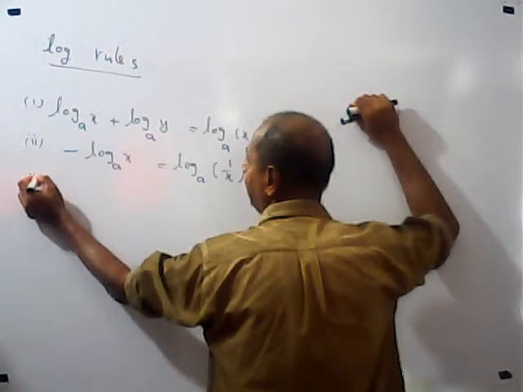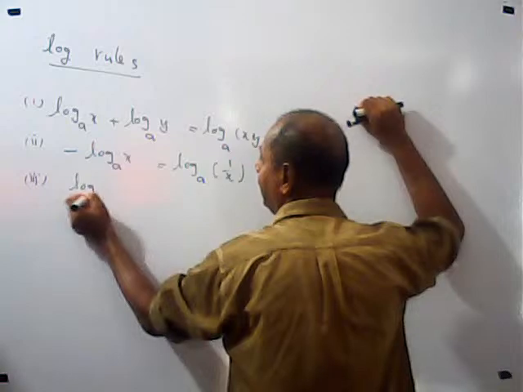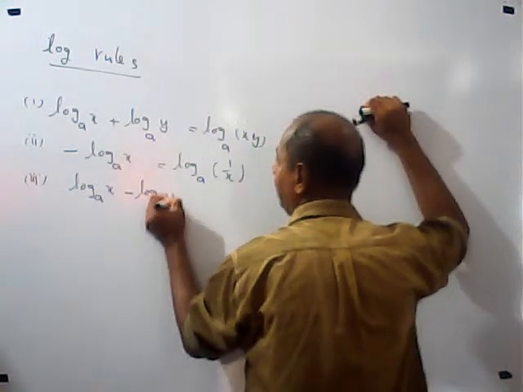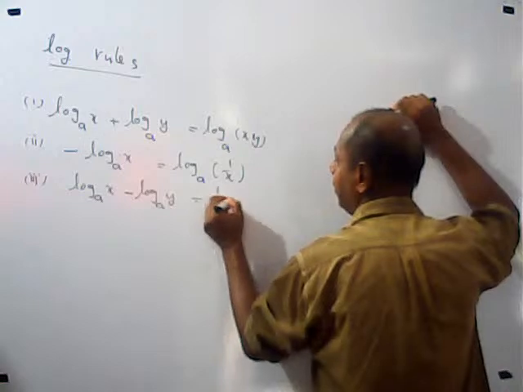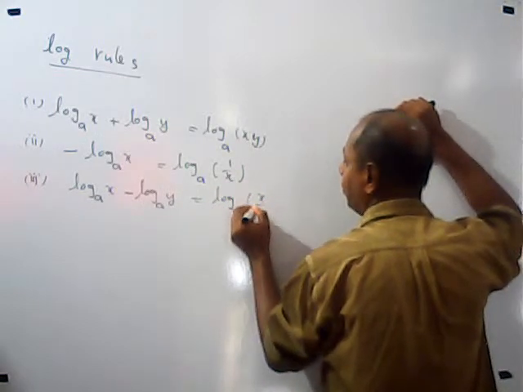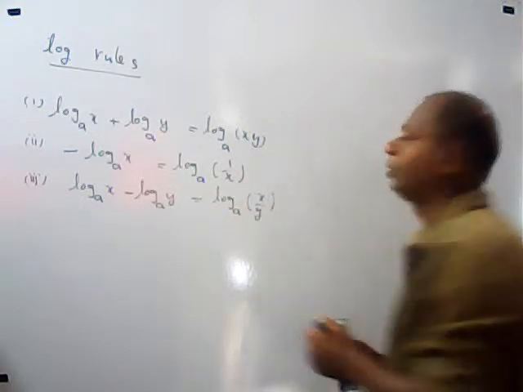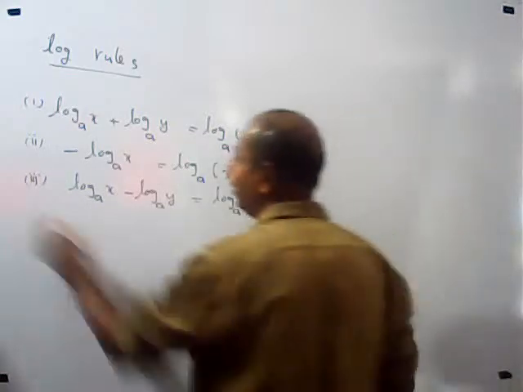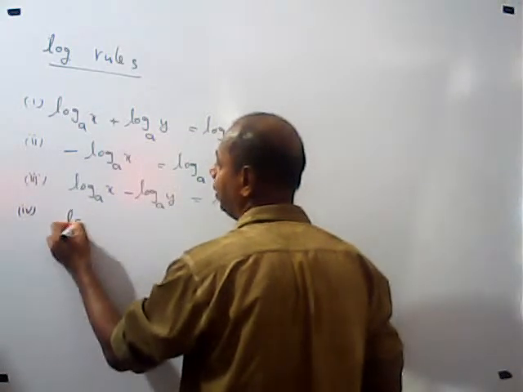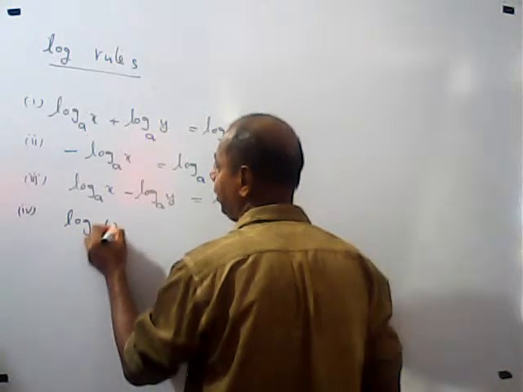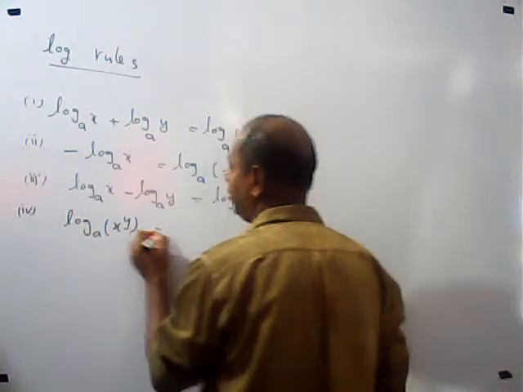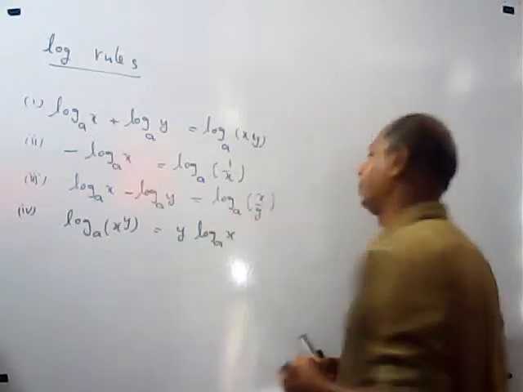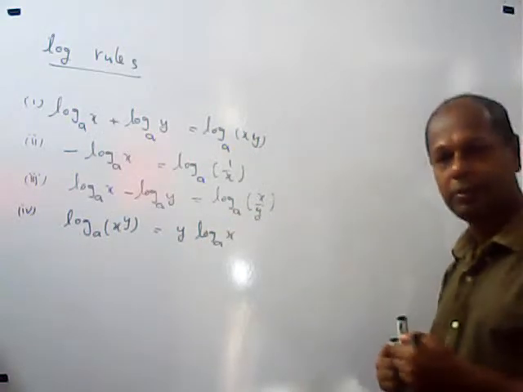Number 3, log_a x minus log_a y equals log_a x over y. And the 4th rule of the basic rules, main rules, log_a x to the power y equals y log_a x. These are the 4 rules that you have seen in OLS also.